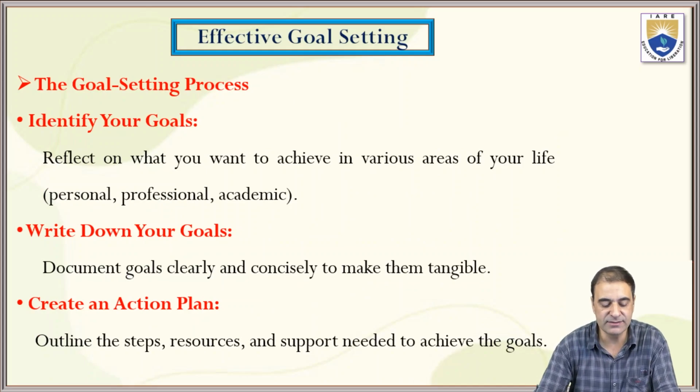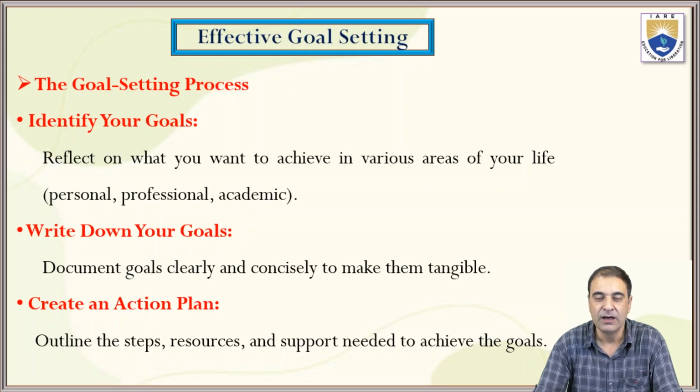And the next one is the goal setting process. That's very important. How we can set the goals, and what's the process of setting the goals. The first and foremost thing is identify your goals. We need to identify our goals. Reflect on what you want to achieve in various areas of your life.